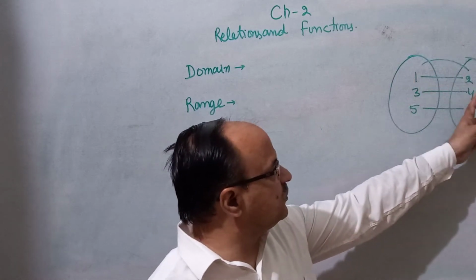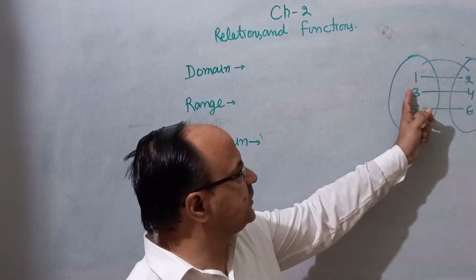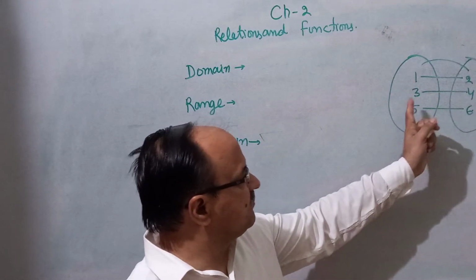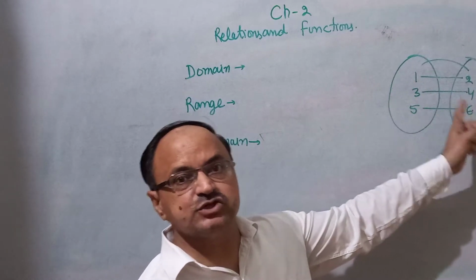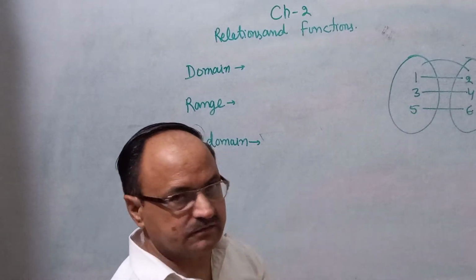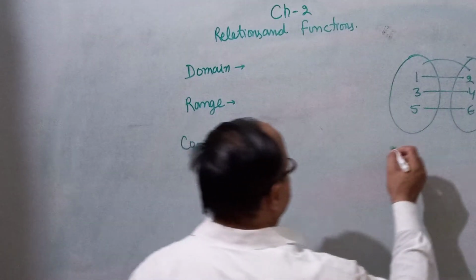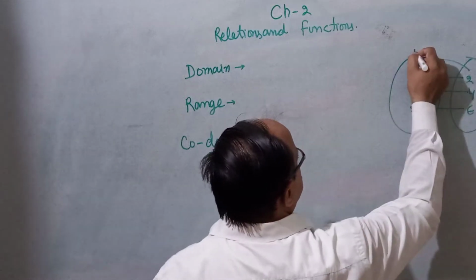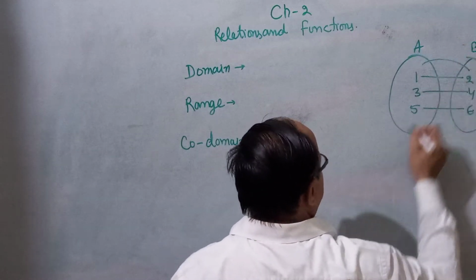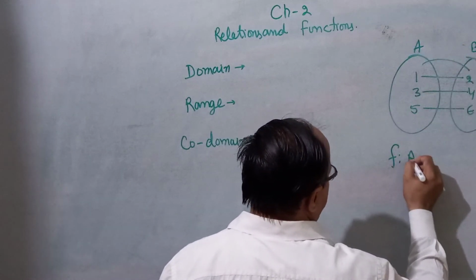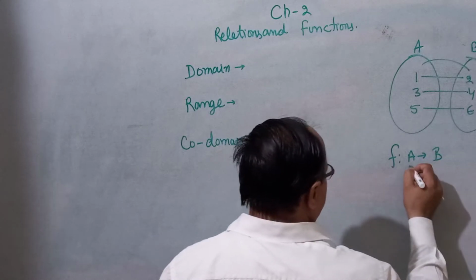Image of 3 is 4, and the pre-image of 4 is 3. Image of 5 is 6, and the pre-image of 6 is 5. Therefore, you can say it is a function, a mapping from A to B.